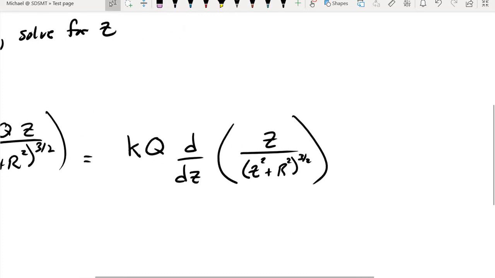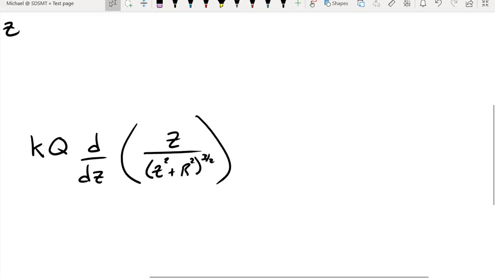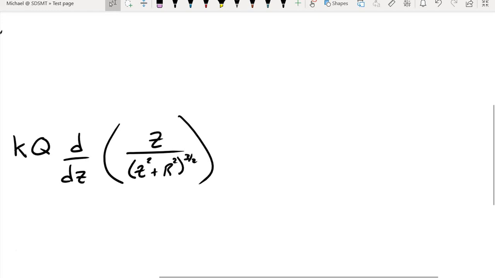And z is present in both the numerator and the denominator. And when this happens, back in calculus, we learned ways of taking derivatives. We had things like the product rule, the quotient rule, the chain rule. So all of those are applied at the appropriate case scenarios. But what we have here is a fraction of z over the quantity z squared plus r squared to the 3/2 power.